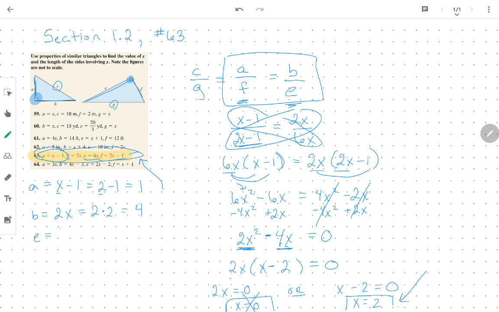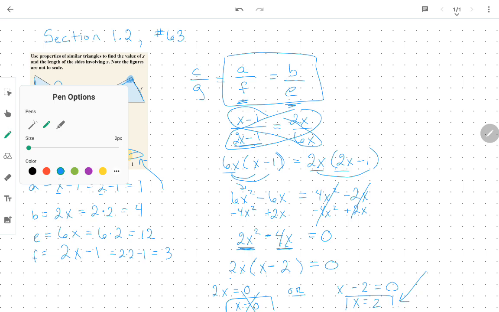E equals 6x, and x is 2, so that's 6 times 2, which is 12. And F equals 2x minus 1, x is 2, so that's 2 times 2 minus 1, so that's 4 minus 1, which is 3. And there are my final answers.